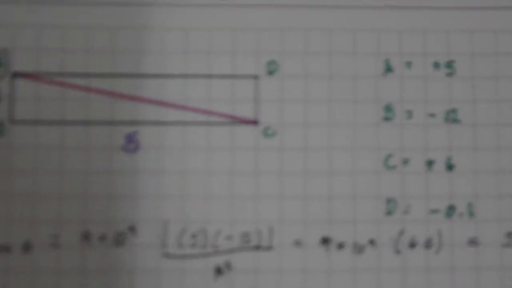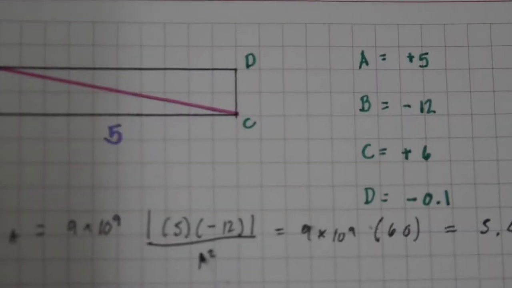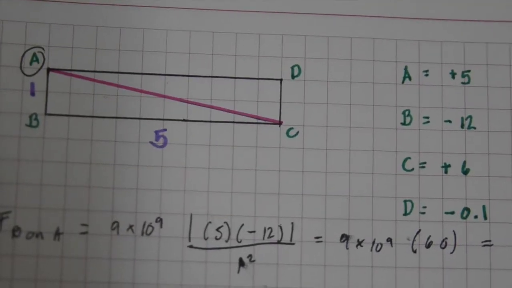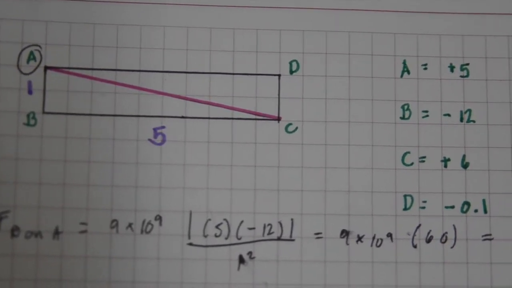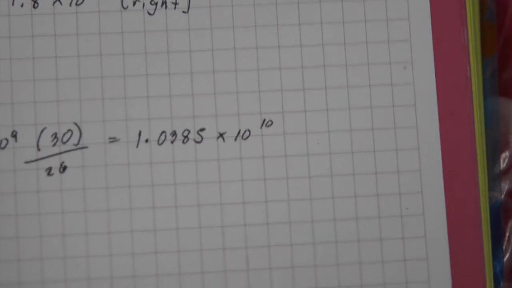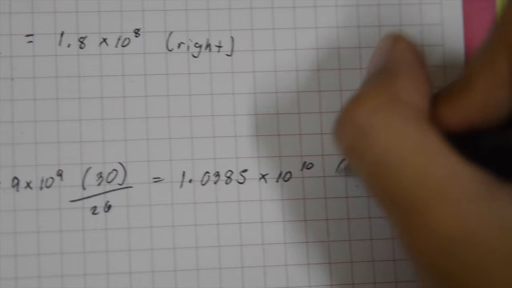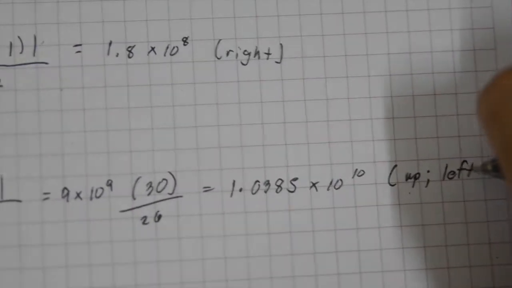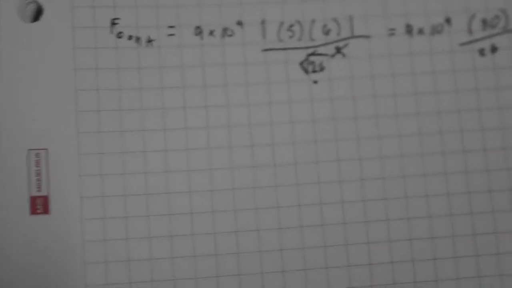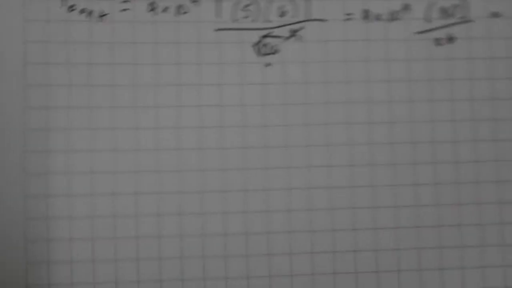C and A have the same sign, they're both positive, so they'll be going away from each other. So meaning A will be going in an up left direction. So let's place it here, up, left. Now let's look for the horizontal and vertical components of the force C.